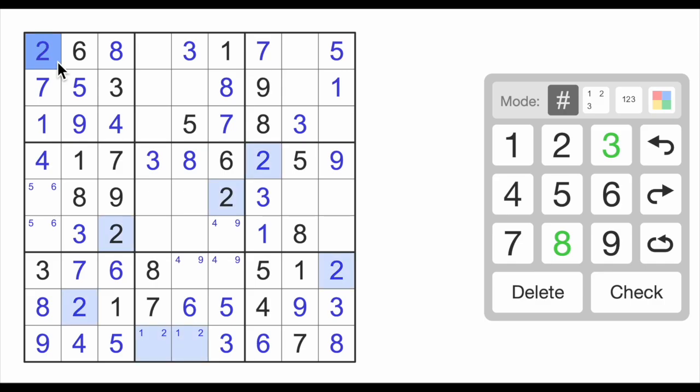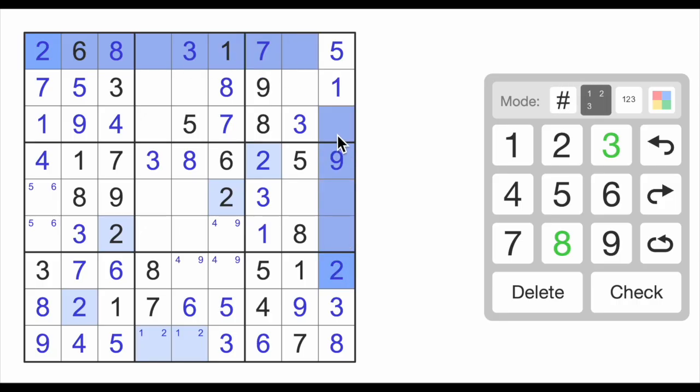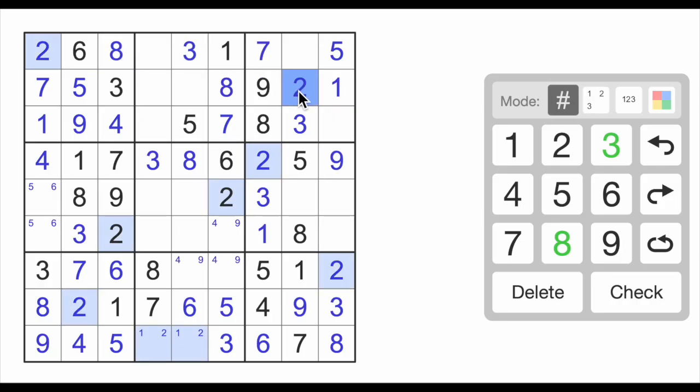That leaves 2 for this cell. And 2 gives me 2 here. 2 and 2 gives me 2 here. And the last number of this row is 6, which blocks these, gives me 6.